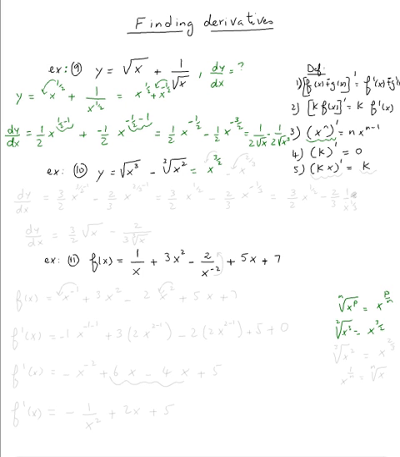And the cube root of x squared is going to be x to the 2/3. So this is x to the 3/2 minus x to the 2/3.